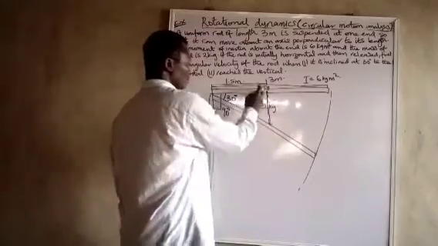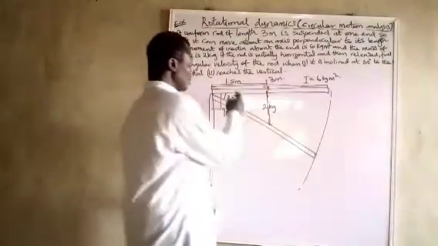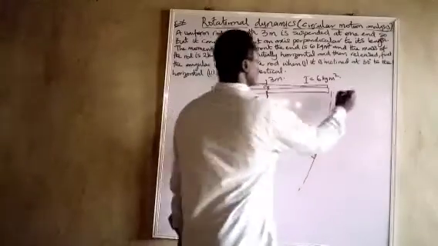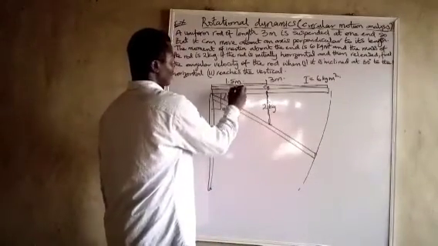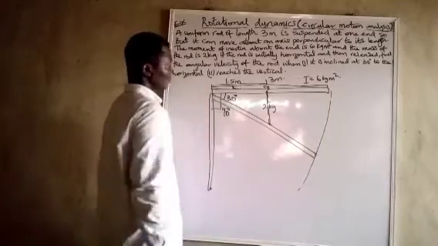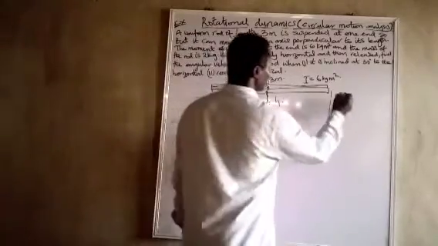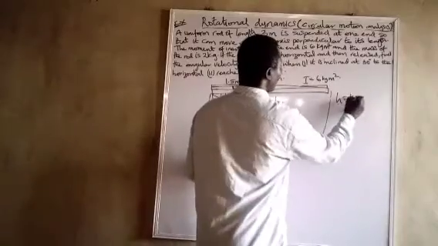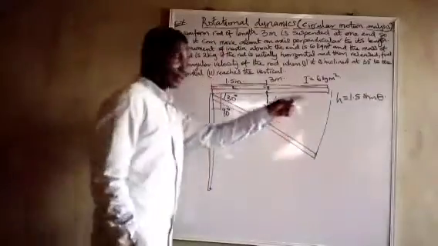So the PE, potential energy, from this place to this place, we can get it. Let's call this one L. So h will be 1.5 sine theta. That is the h.